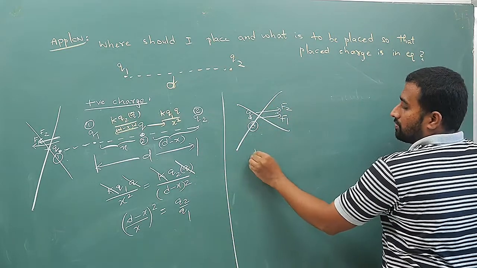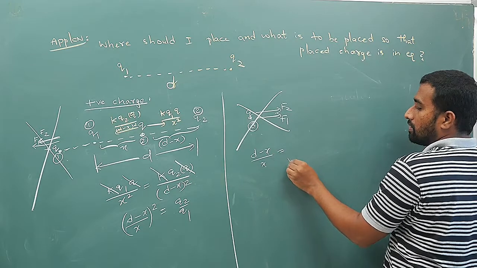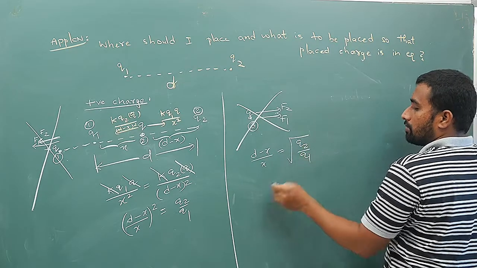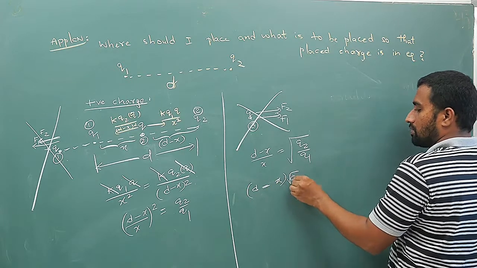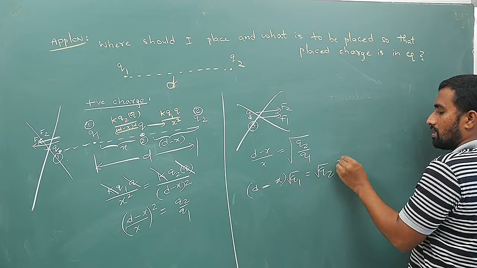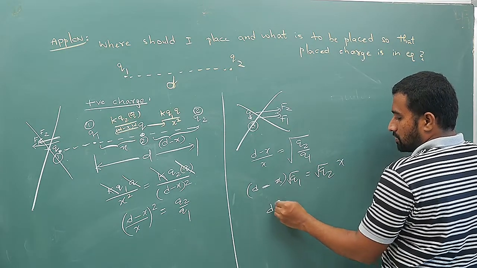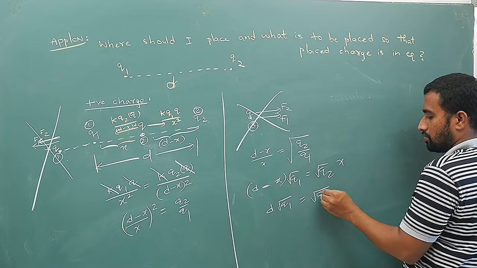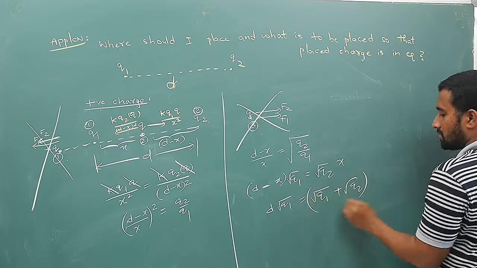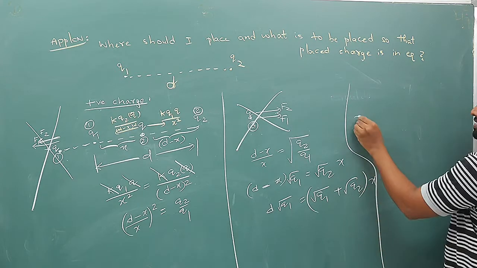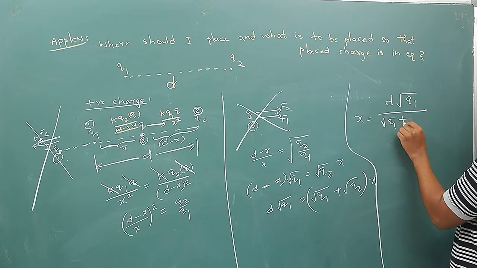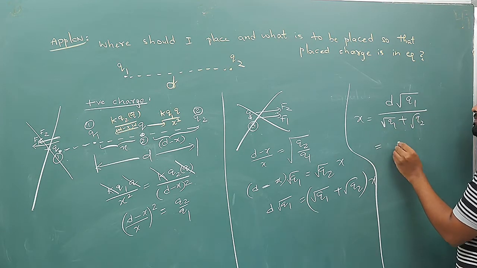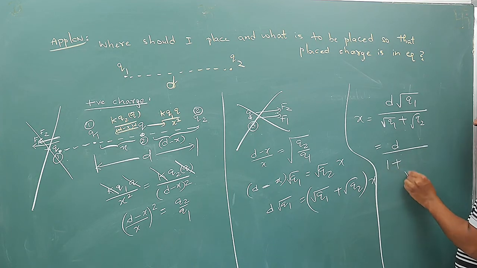That will give you d minus x by x is equal to under root Q2 by Q1. So d minus x times root Q1 is equal to root Q2 times x. D times root Q1 is equal to root Q1 plus root Q2 into x. Finally your x is d root Q1 by root Q1 plus root Q2, which will give you d by 1 plus under root Q2 by Q1.